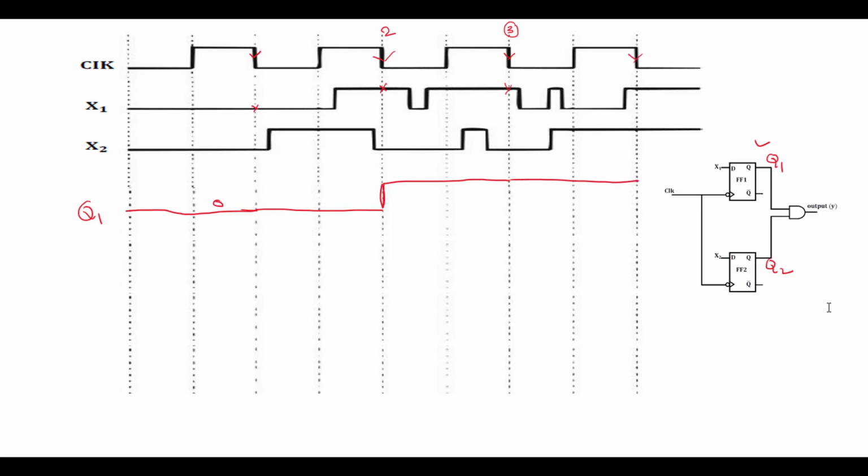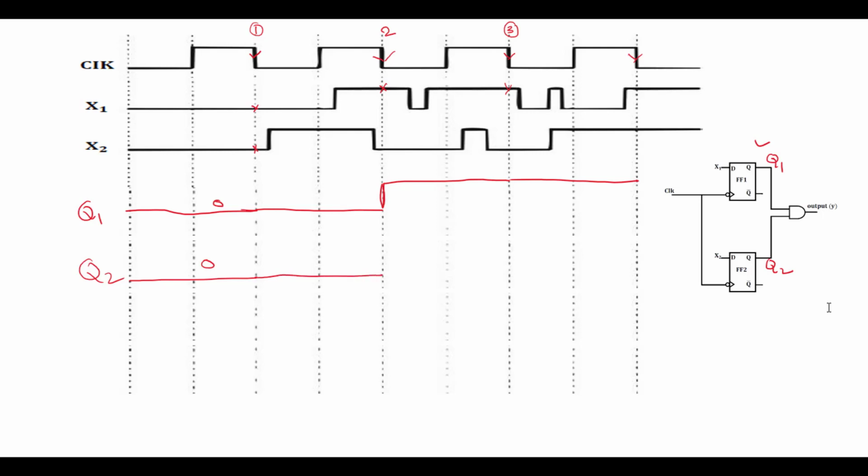Similarly, we can find the output waveform Q2. This flip-flop 2 is also a negative edge triggered D flip-flop. At clock edge 1, initially assume the output of Q2 is logic 0. At this clock edge 1, the input X2 is logic 0, so the output is also logic 0, and it maintains logic 0 till the next clock edge.